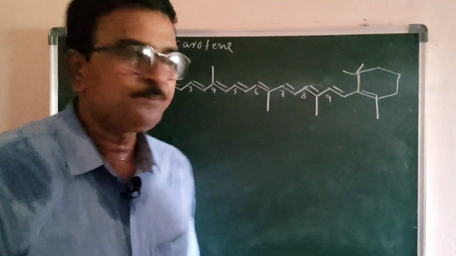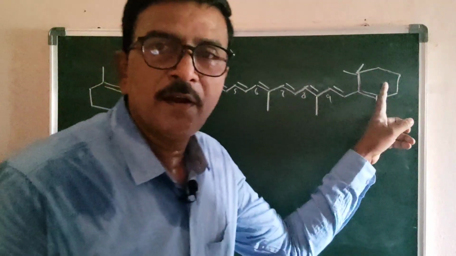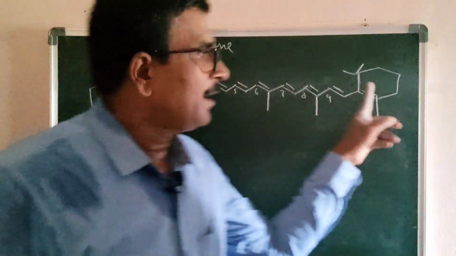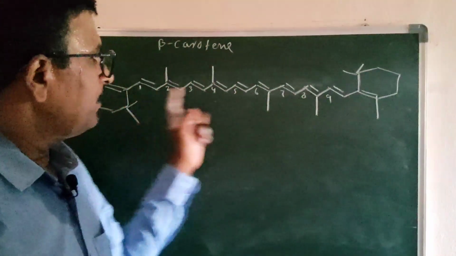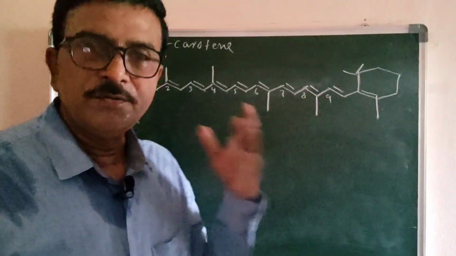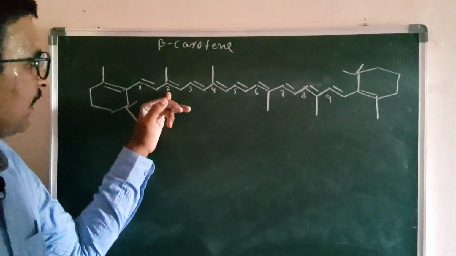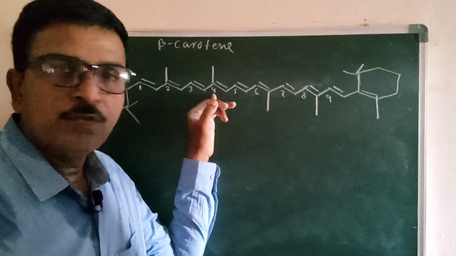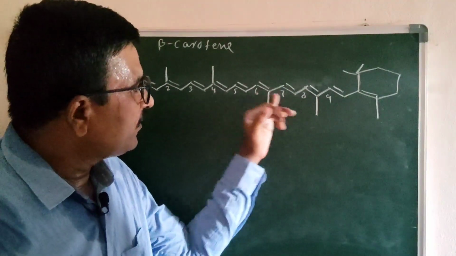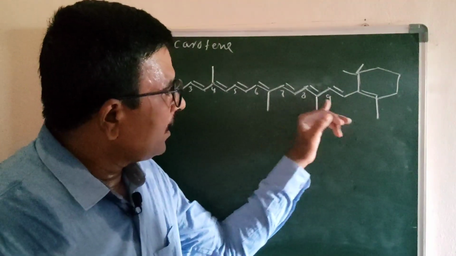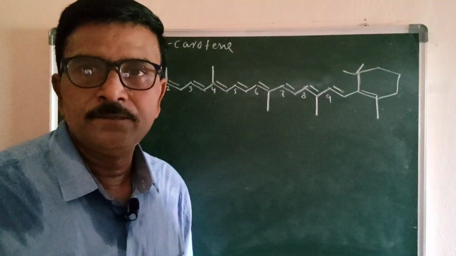There are two 6-membered rings, first terminal, last terminal, and in between there are conjugated double bonds. So one alkyl group is at second carbon, one alkyl group is on fourth carbon, one alkyl between 6 and 7, one alkyl between 8 and 9.